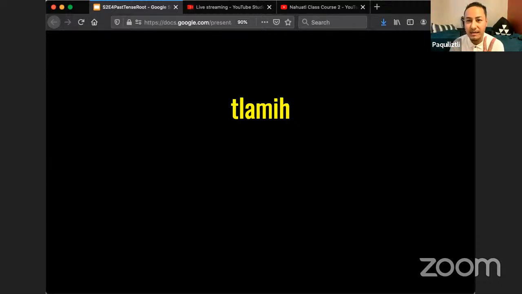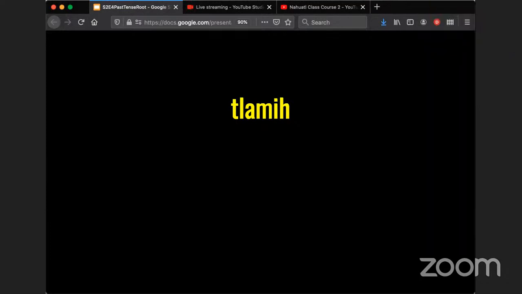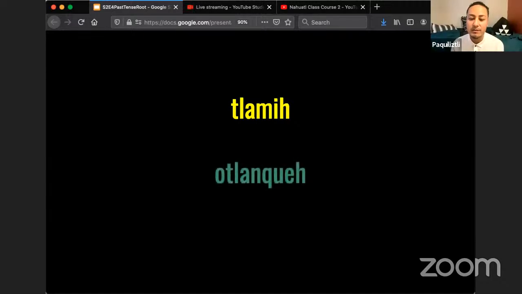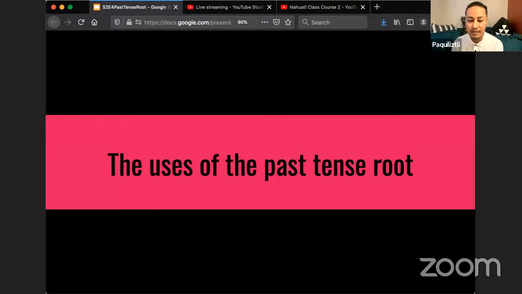All right, so this is a class 2 verb. So this is one where you switch the M and turn it into an N, and it becomes tlanque. In Central, they would accept tlanque too, and otlanque would be another acceptable answer.